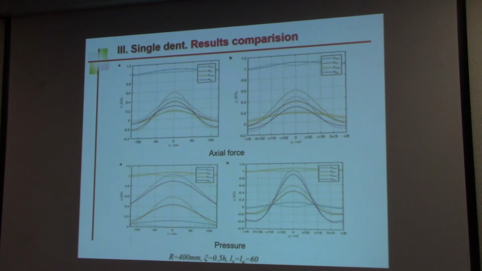Here is the comparison. The solid line is the analytical solution, and dashed lines are the numerical solutions. As we can see, we can quite well describe the form of our curve.